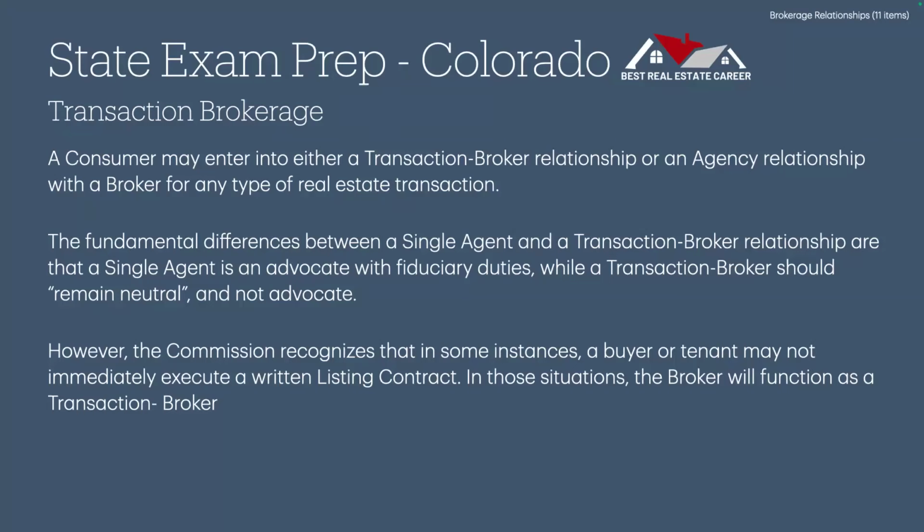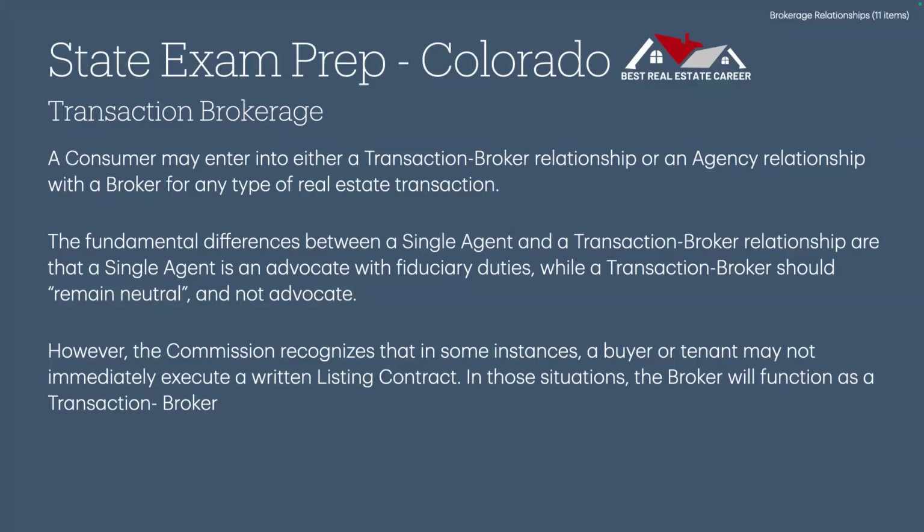The fundamental differences between a single agent and a transaction brokerage relationship is that a single agent is an advocate with fiduciary duties. That word fiduciary, guys, is only for agency. All right. So you do not owe fiduciary responsibilities to a customer, to a third party, to anyone that you're representing in a transaction brokerage relationship.